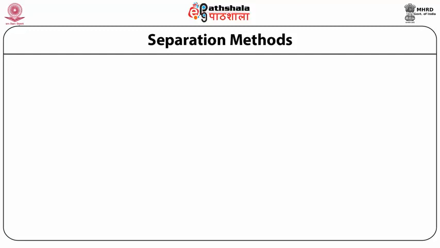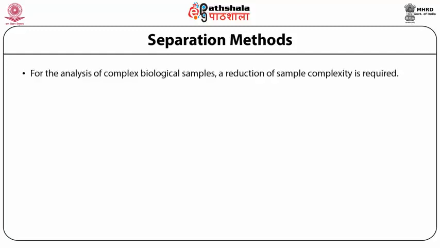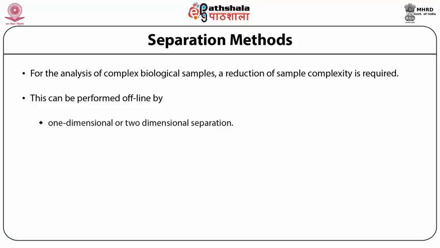The separation methods for proteomics. For the analysis of complex biological samples, a reduction of sample complexity is required. This can be performed offline by one-dimensional or two-dimensional gel electrophoresis separation.